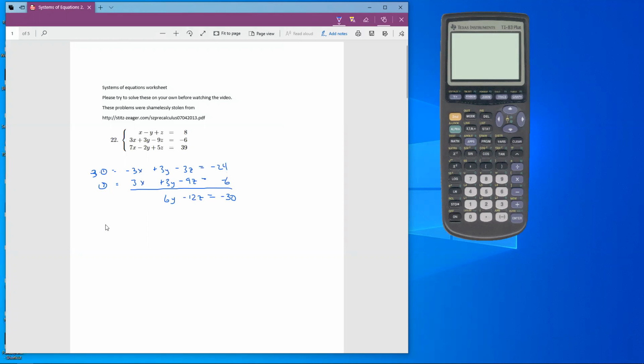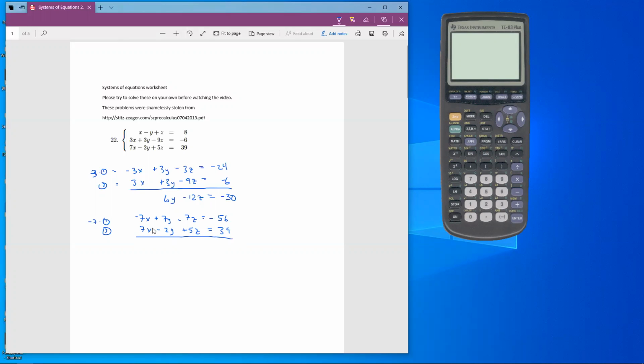Then what we're going to do is multiply -7 times equation 1. We're going to leave equation 3 by itself. So we have -7x plus 7y minus 7z is equal to -56. And then for equation 3, we're going to have 7x minus 2y plus 5z equals 39.